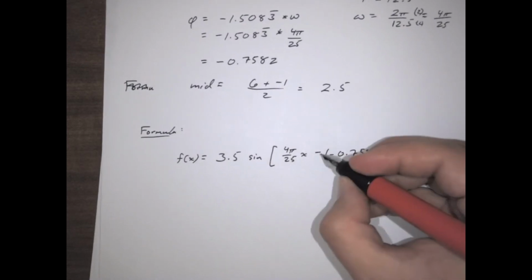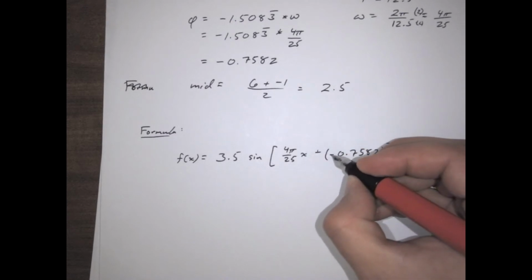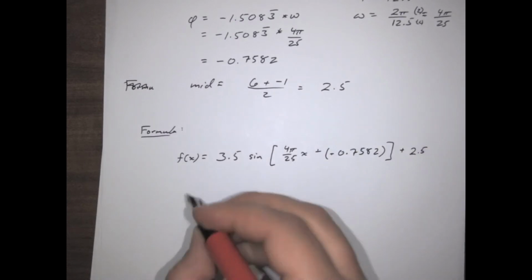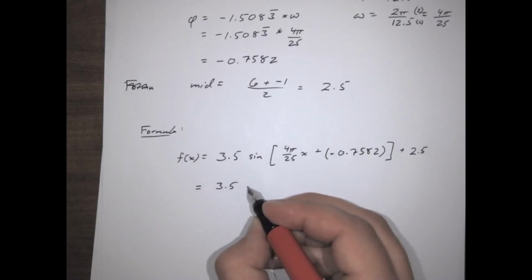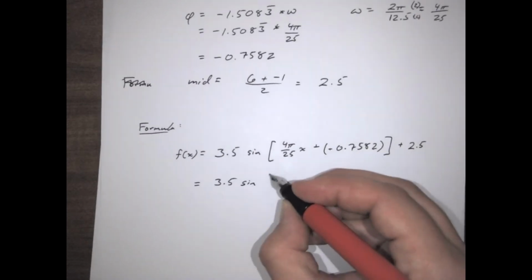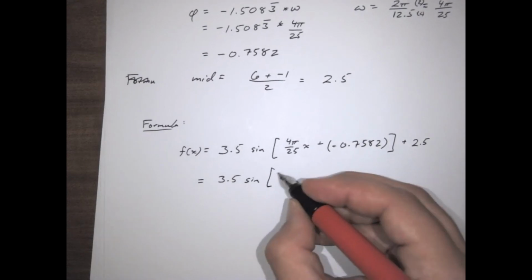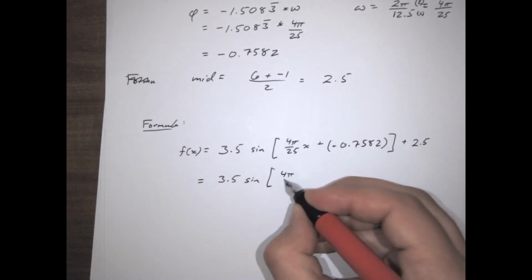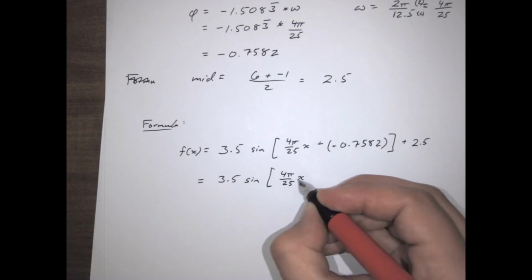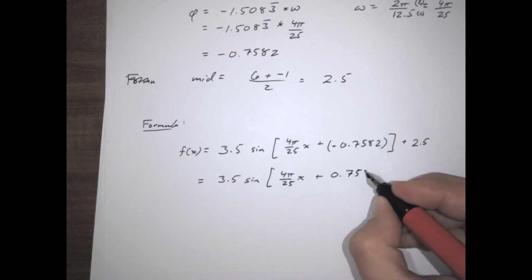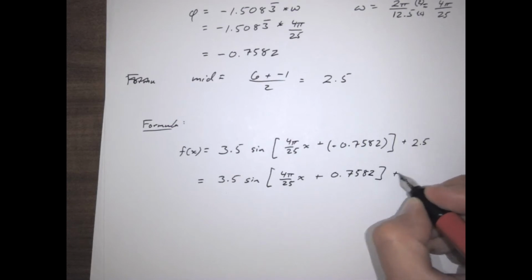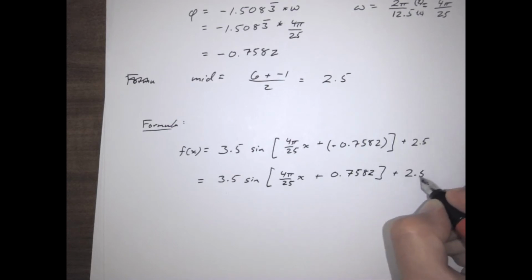So in other words, 3.5 sine, 4 pi over 25 x plus 0.7582, plus 2.5.